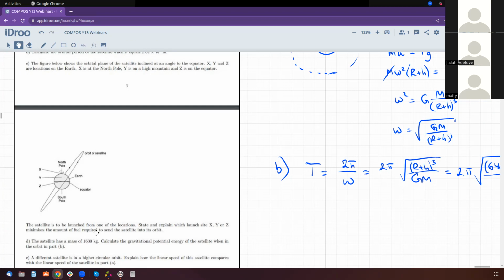Well, I'm going to go with the equator. Like, high mountain, what is a high mountain? It's not Mount Everest, certainly. You can save some energy if you are launching from the top of Mount Everest, because first of all, you spend less energy fighting against air resistance, of course, because the air is much thinner.